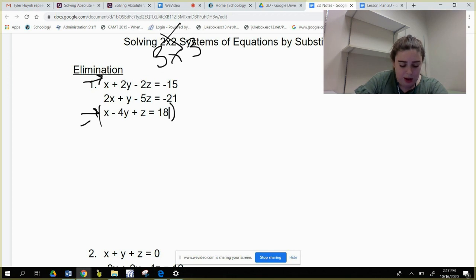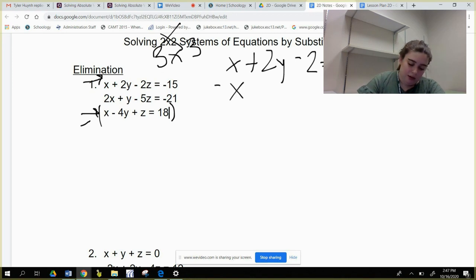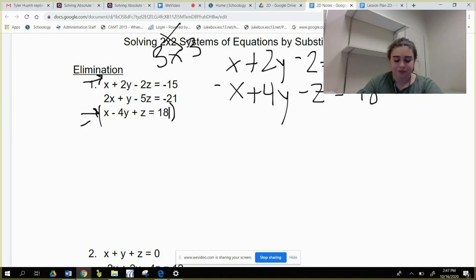So the first equation we have is x plus 2y, or pardon me, x plus 2y minus 2z equals -15. Okay, and then we're going to multiply the bottom equation by -1, so we're going to have -x plus 4y minus z equals -18. Okay, so now we can cancel out our x's. So boom, those are gone.